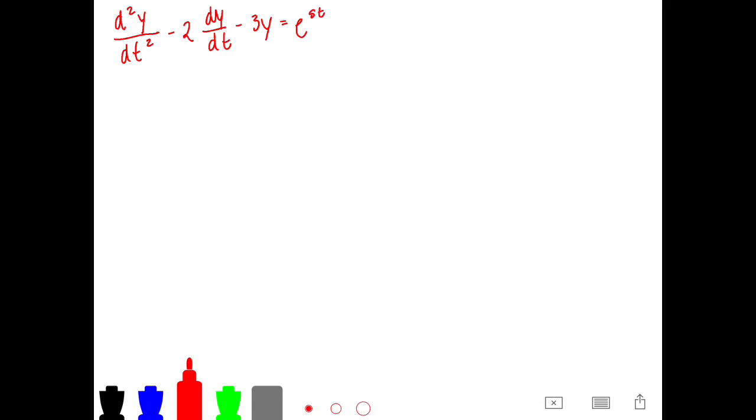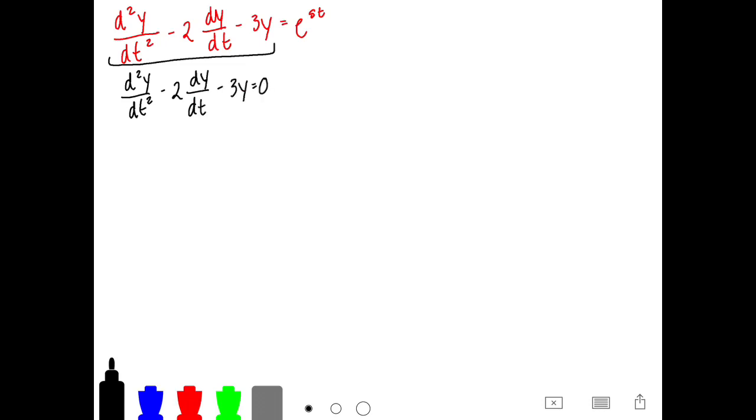In this video, we're going to be solving second-order differential equations. So first, we're going to start by focusing on only the left side of the equation. So rewrite it to look like this, just setting it equal to 0 instead of e to 5t.